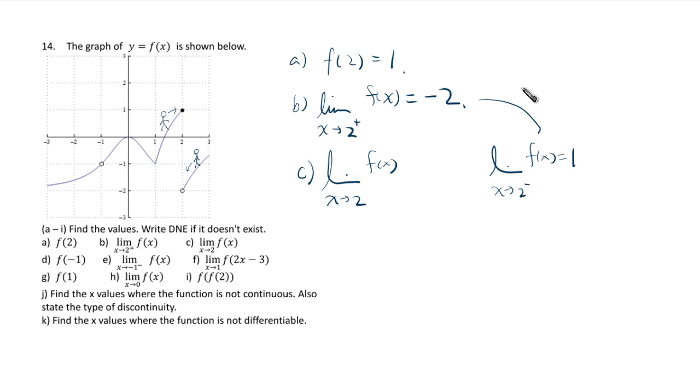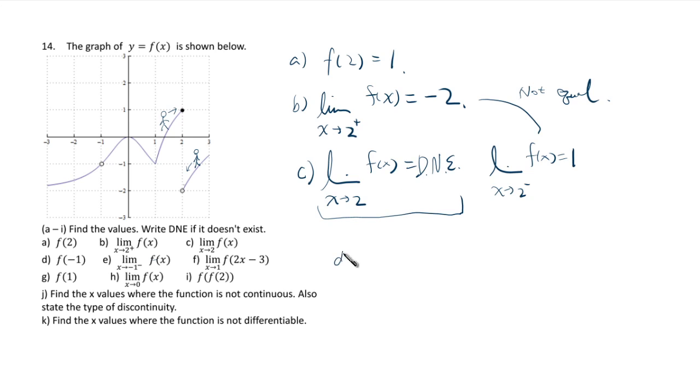Since these are not equal, that means the left limit and the right limit do not equal each other. That means the limit does not exist. Whenever you have a jump discontinuity, where there's a jump, then the left limit and the right limit won't agree, and therefore the limit will not exist.